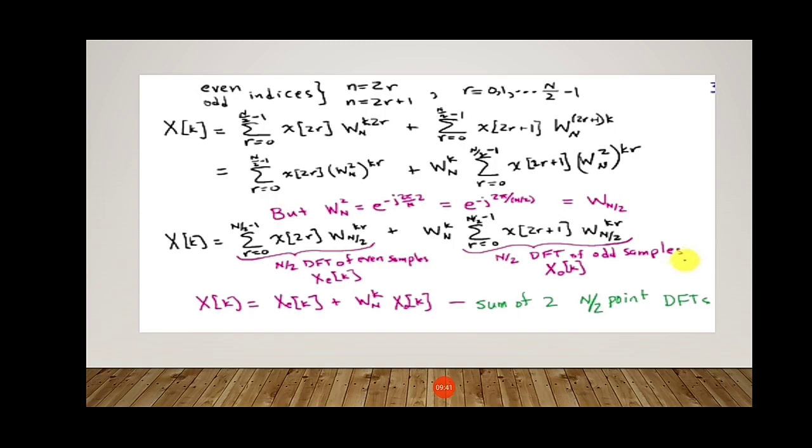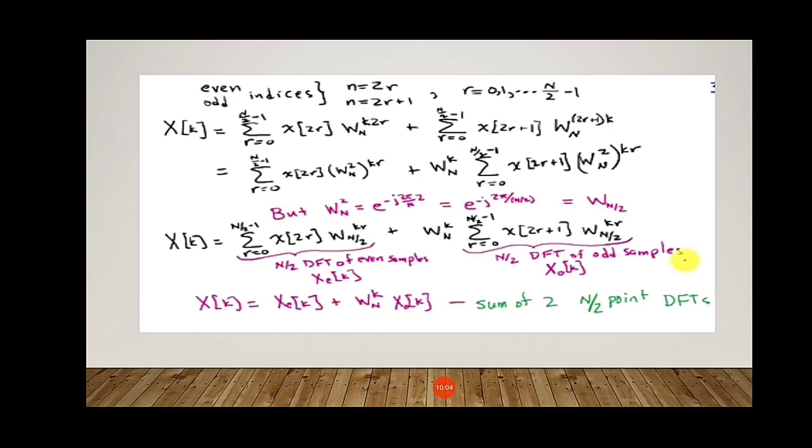Now, if we solve it, the first term can be written as summation r is equal to 0 to N by 2 minus 1 x of 2r (W_N to the power 2) whole to the power kr.